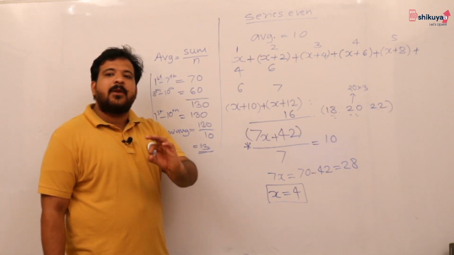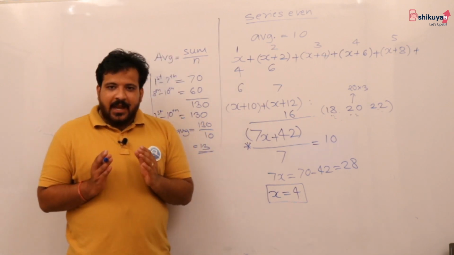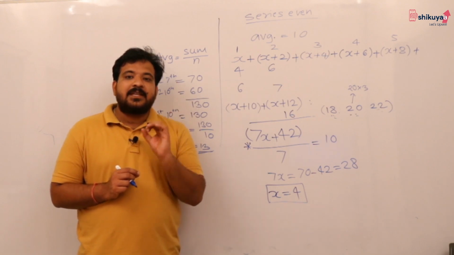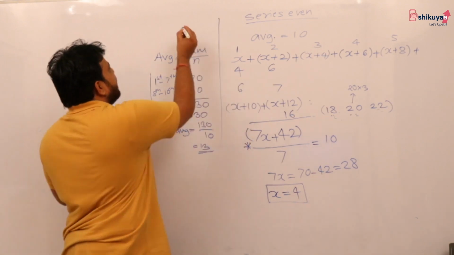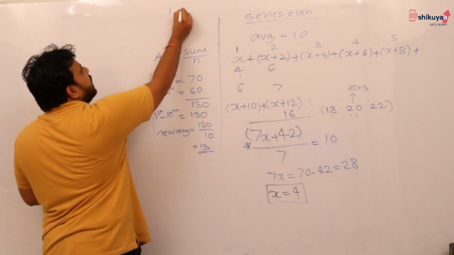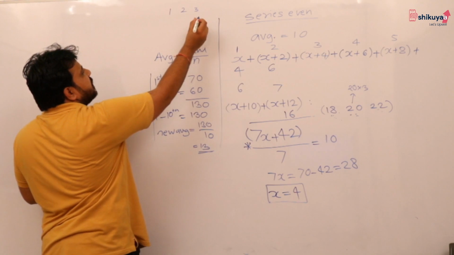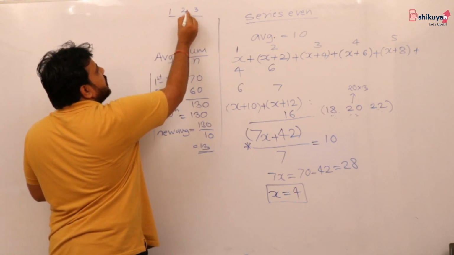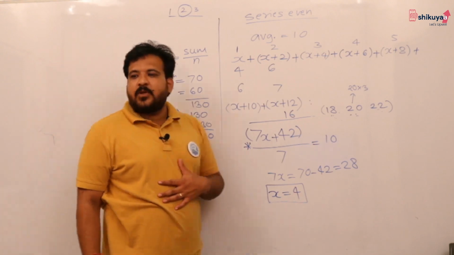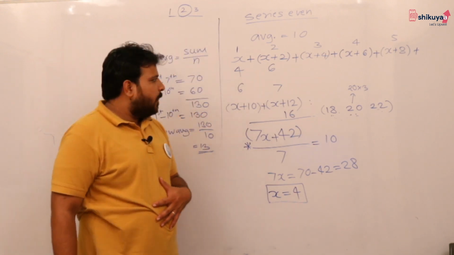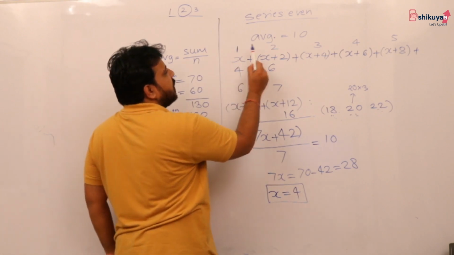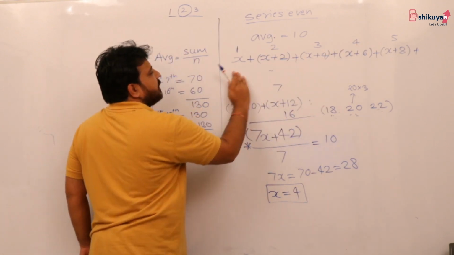You have to remember one thing. Whenever there are an odd number of numbers in the given series, for example, if there are three terms, 1, 2, and 3 terms, the average value is always the middle value. If you apply this logic here, we have 7 terms, 1, 2, 3, 4, 5, 6, and 7.